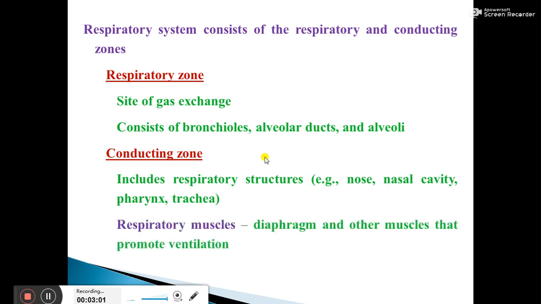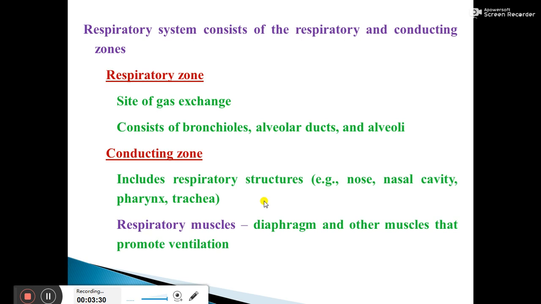Also, one thing you should understand is that in the respiration process, the respiratory muscles play a very important role, assisting in the inspiration and expiration process. So which are the respiratory muscles? The diaphragm and other muscles which help to promote ventilation. The other muscles are the intercostal muscles, which are present between the ribs.